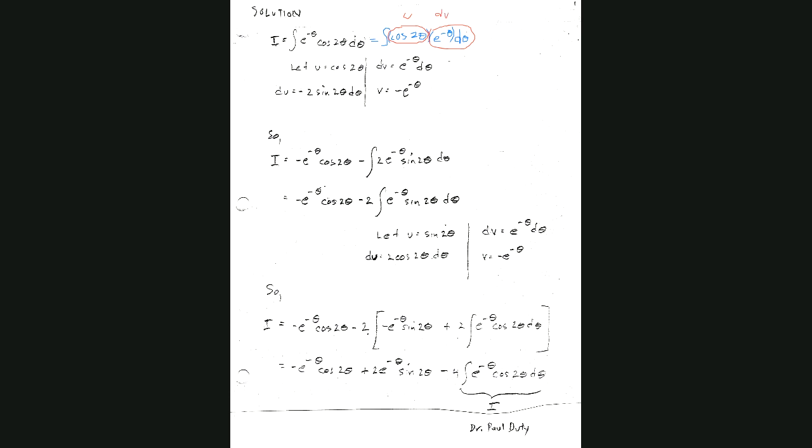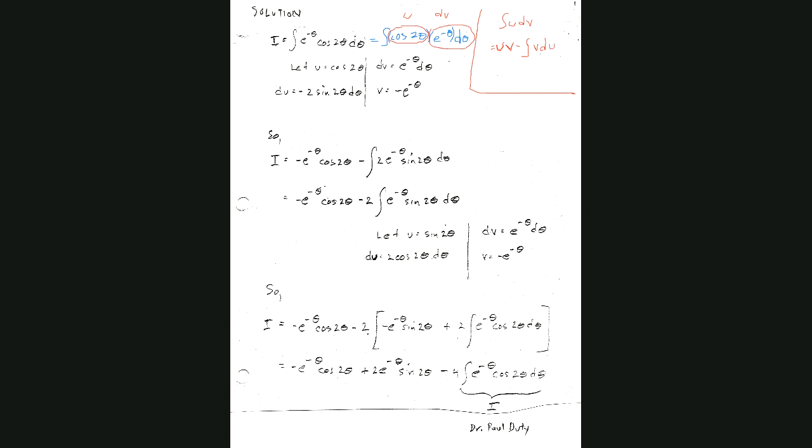And we know that the integral of u dv is equal to u times v minus the integral of v du, integration by parts.